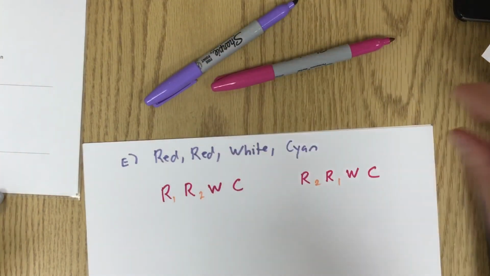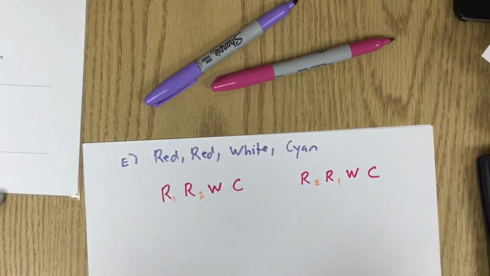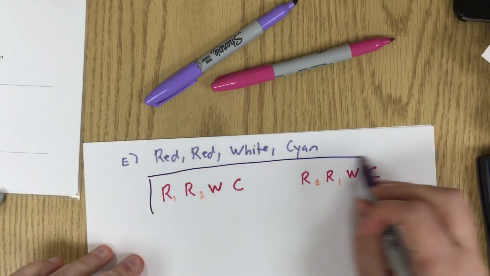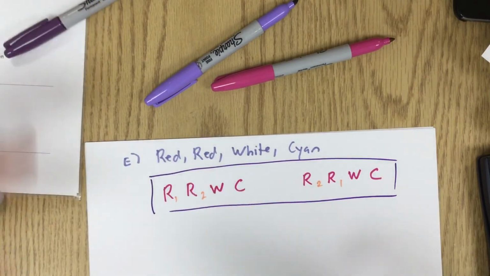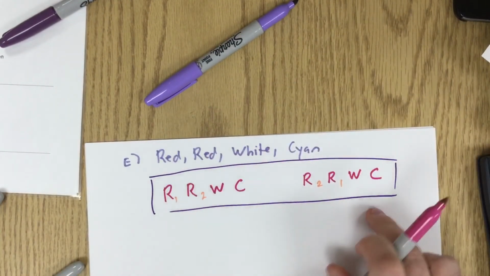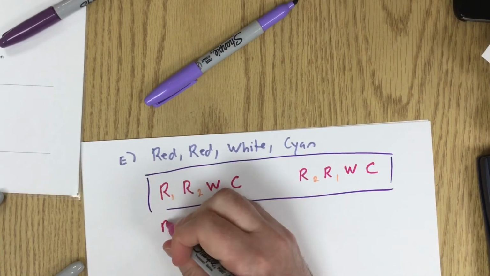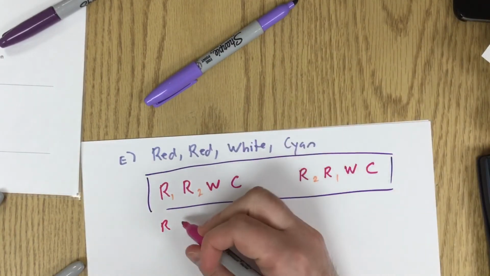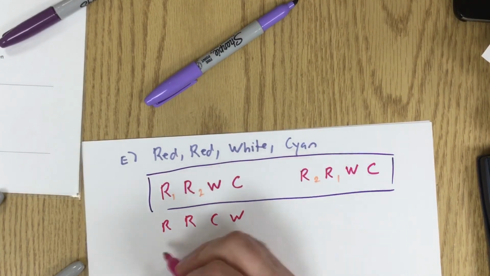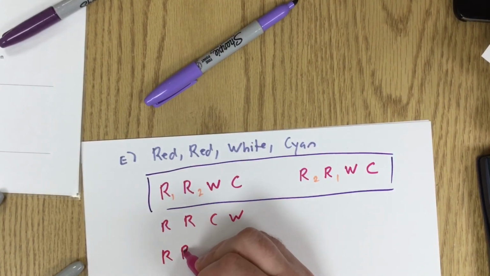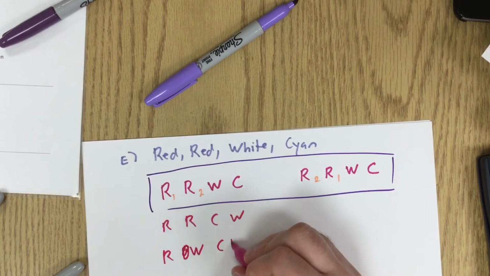But they both look the same. So for every order of marbles, there's going to be one that looks just like it, but has a different order of the things. Red, red, cyan, W. Red, W, cyan, red.